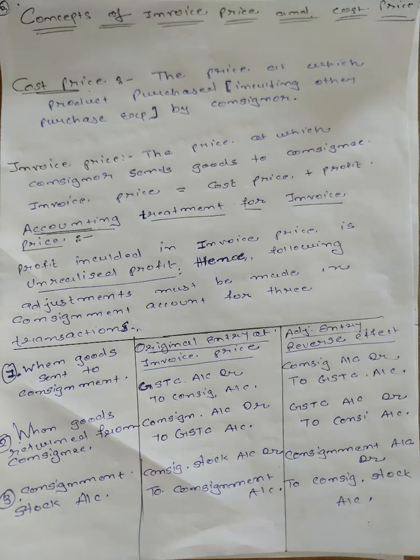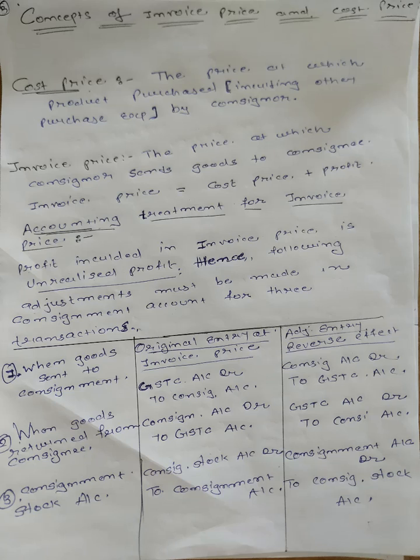The first concept is cost price and invoice price. It is possible that the consignor sends goods on consignment to the consignee at a price which is higher than the cost price.